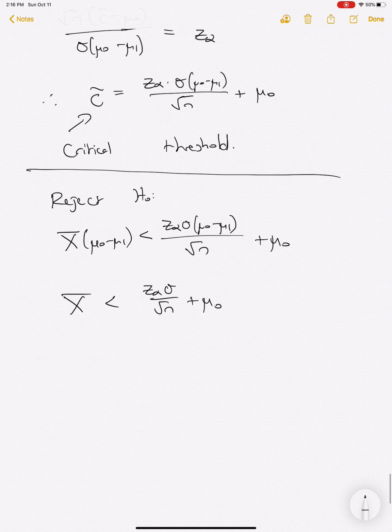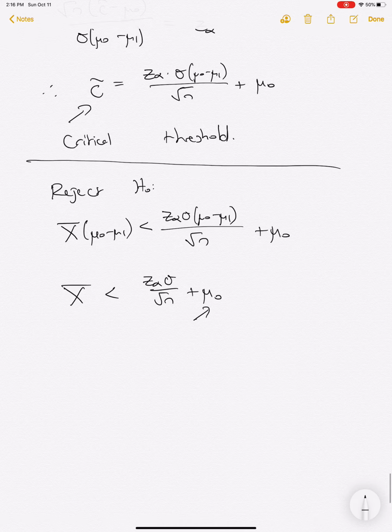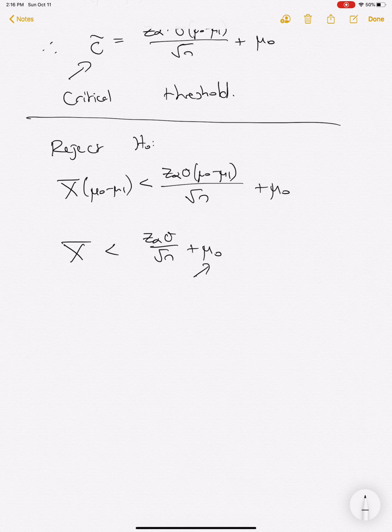So I believe this final answer should be correct. And note that you can see that this is like the z value for confidence intervals. And we're later going to see a connection between the confidence intervals and these hypothesis tests. So the calculations are actually very similar to what you've seen before, but we're doing it in this testing framework.